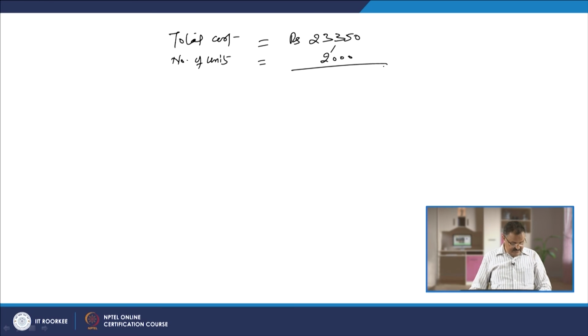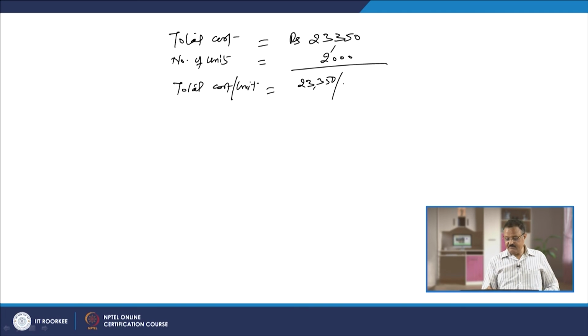Total cost per unit is 23,350 divided by 2,000. If you calculate this cost, it comes to rupees 11.675.